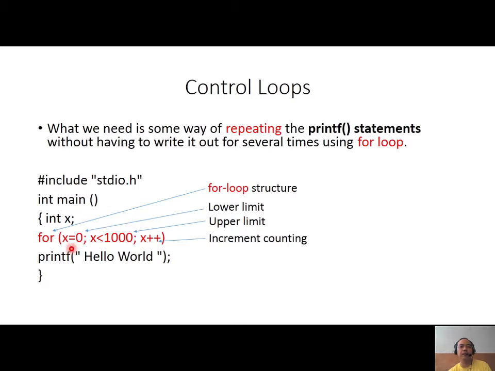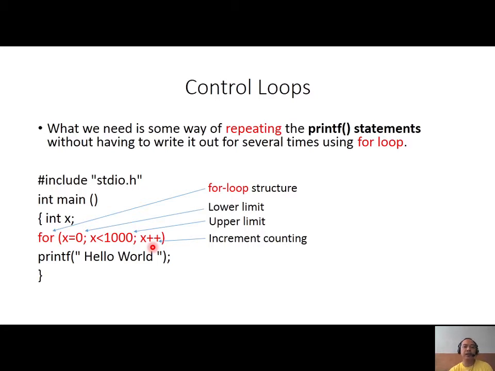So this is the lower limit of the count of our loop. Then followed by a semicolon, then followed by the upper limit. In this case, x is less than 1,000. Then of course followed by a semicolon, then followed by the increment counting or the counter.